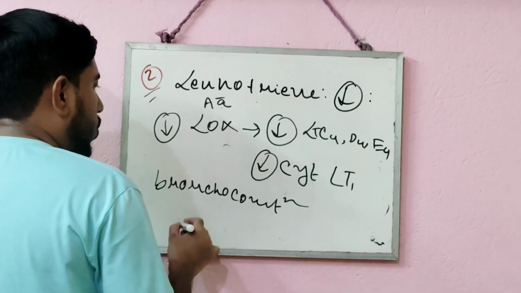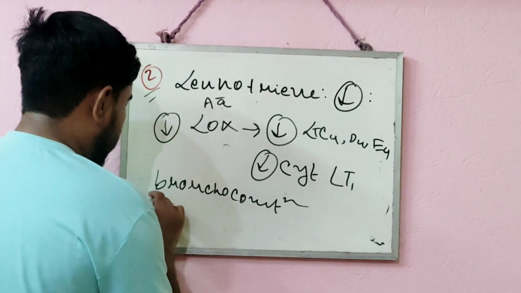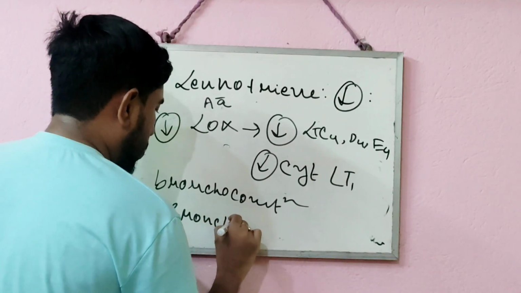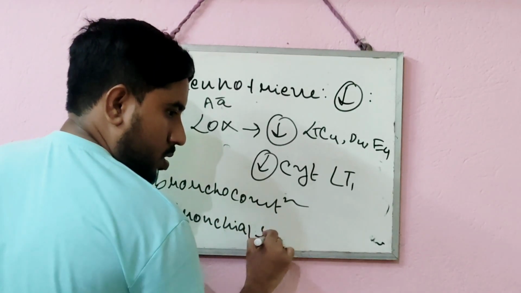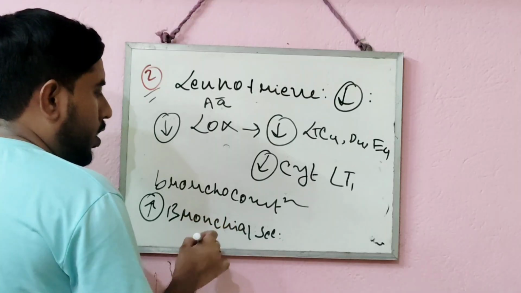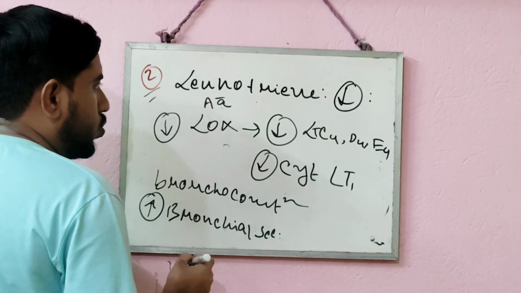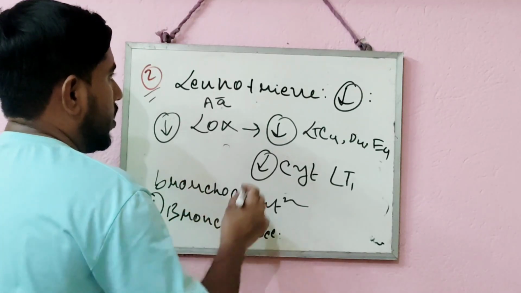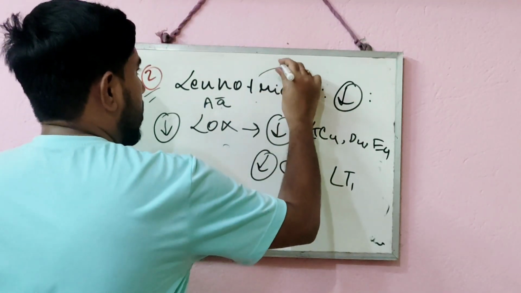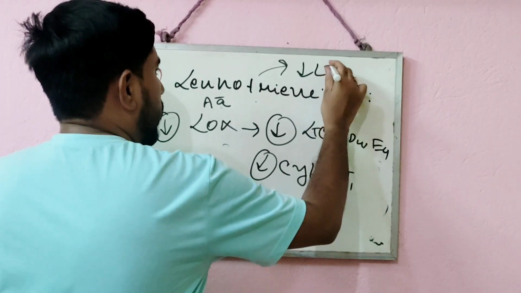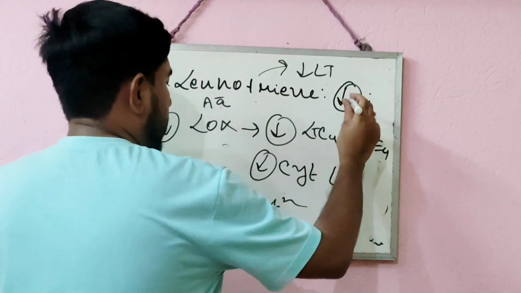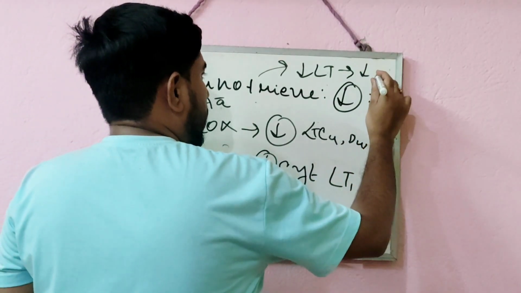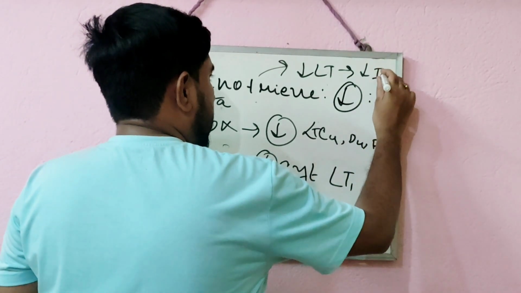Due to the decreased bronchoconstriction, there is reduced bronchial secretion, and by that it shows the action of an anti-asthmatic drug. Montelukast inhibits the formation of leukotrienes, which decreases the release of inflammatory mediators.